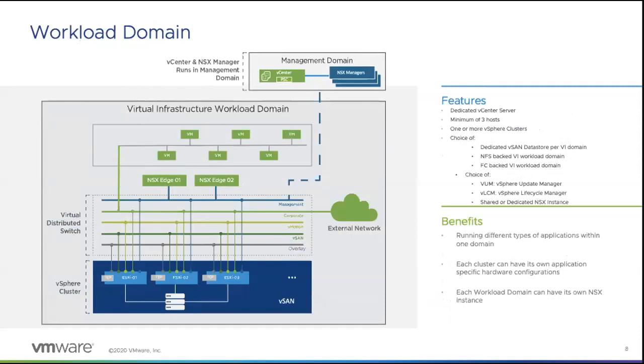And both the vCenter Server and the NSX Managers are then placed in the management domain. The sizing of the VI workload domain is based upon the user input and the fault tolerance for your environment. So VMware has the vSAN sizing tools, and you can potentially use that to help you determine the number of nodes that may be required.